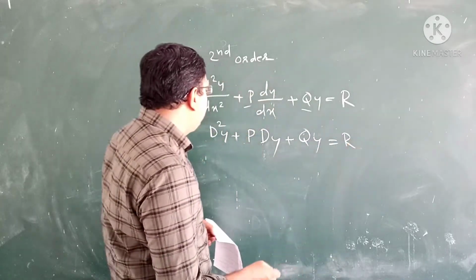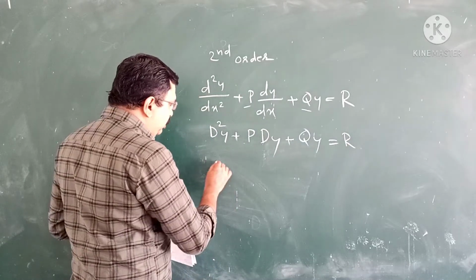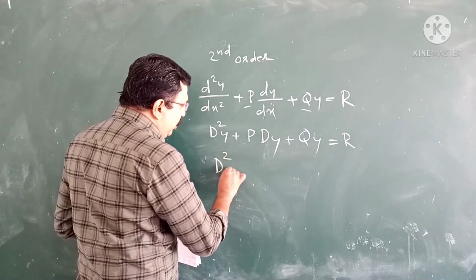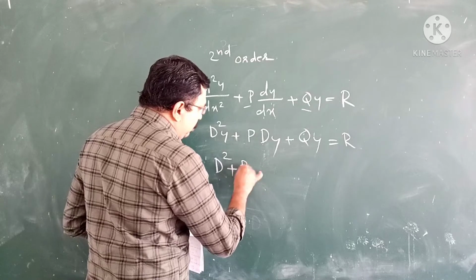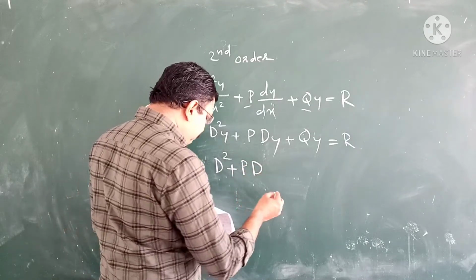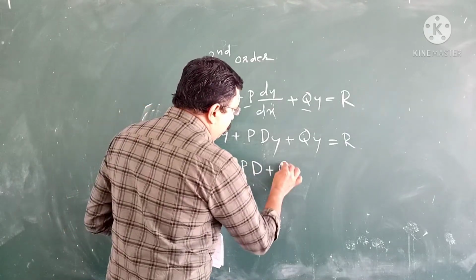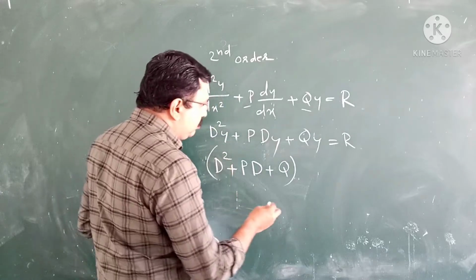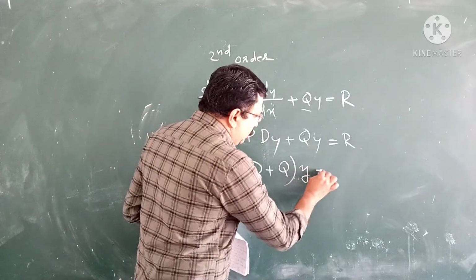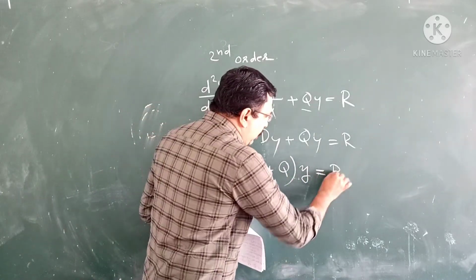That is, we can write this equation as (D² + pD + q) y = r.